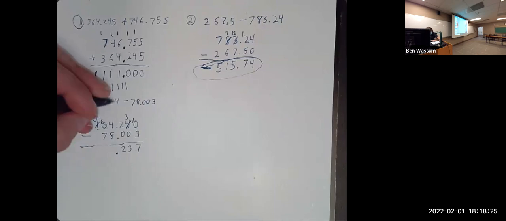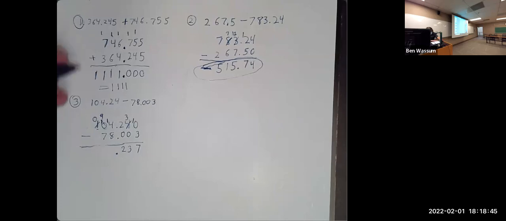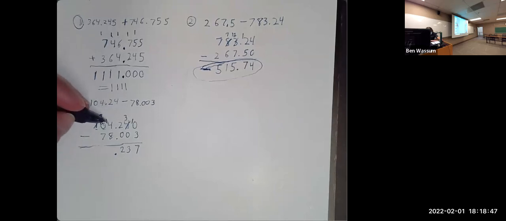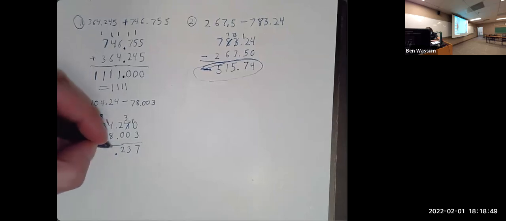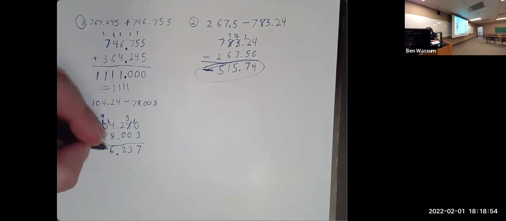This 10 now becomes a 9. This 4 can become a 14. So we see that we have to borrow here. If there's a 0, that column has to borrow first, and then we can borrow from this column into that one. And then we're safe. 14 minus 8, that's a 6. And 9 minus 7, that's a 2.